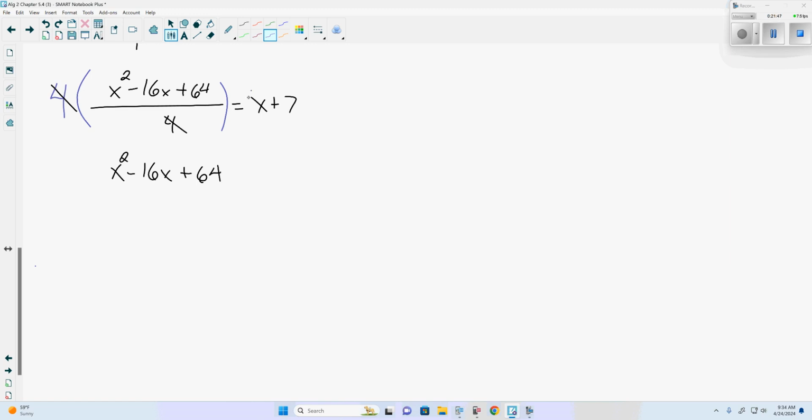Yes. If we do it on one side, we have to do it to the other. Because what this is called is using a scalar. We're scaling the problem up or down to make the numbers look nicer. On the left-hand side, we have 4 times x, which is 4x. 4 times 7 is plus 28. Is this a nicer looking equation than what we started with? Yeah. We do need to get it equal to 0.